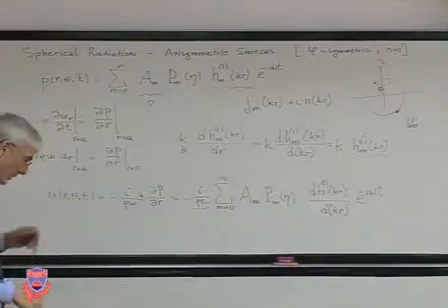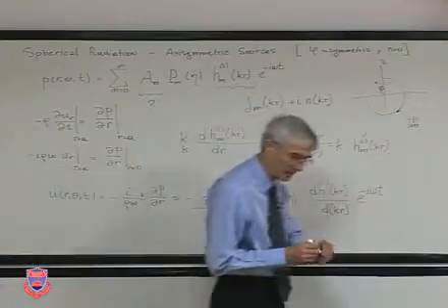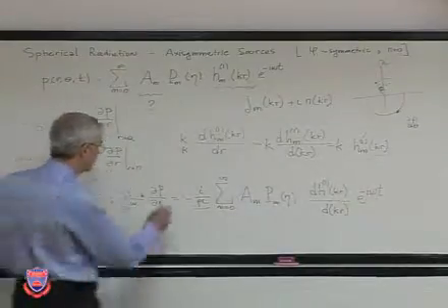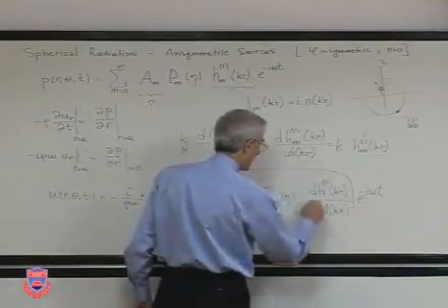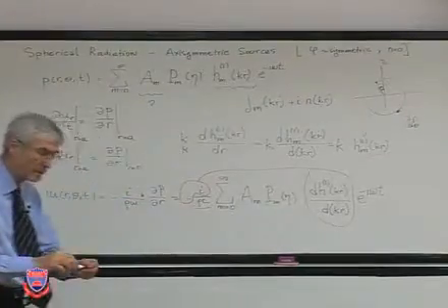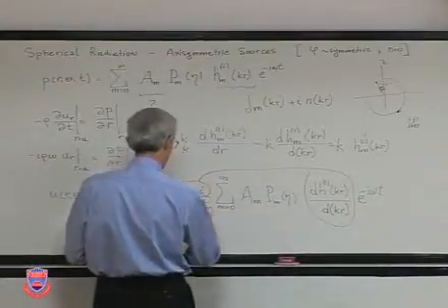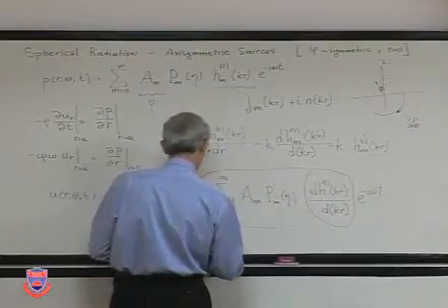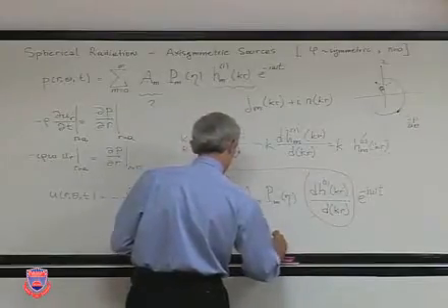Okay. One other thing that we do here is just simple reorganization. Just those two terms. I'm going to write it a little bit differently. This equation here, we write it as Bm(kr) e to the i.